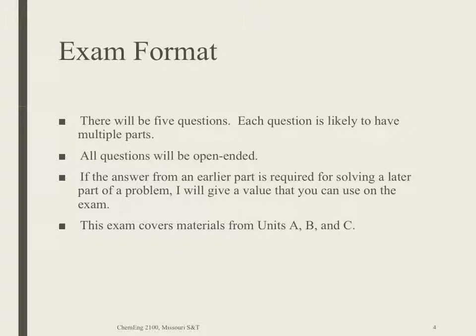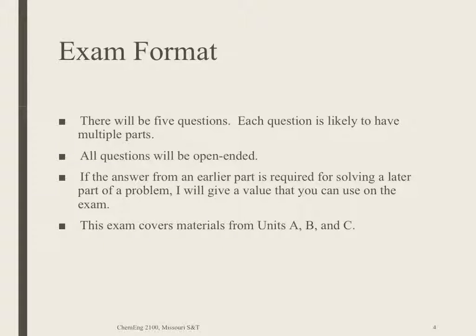If they have multiple parts, sometimes one of the parts will require an answer from a previous part. I will give you a numerical answer if it's required to use. So maybe the actual answer for part A was 3, but in part B you needed that answer. Maybe you weren't able to do part A or you weren't sure you were right.